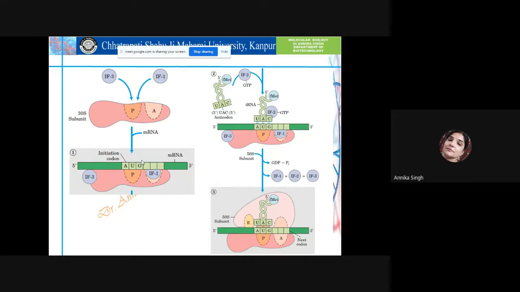As we know, the bacterial ribosome possesses 3 sites that bind amino acyl transfer RNA, known as the A site, the peptidyl site, and then the exit site. Okay.